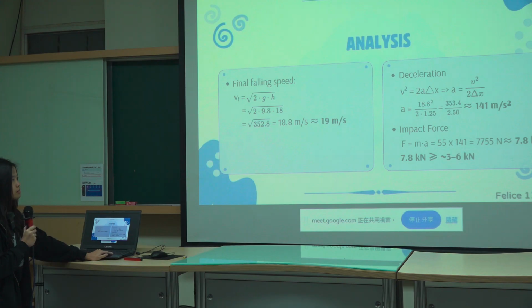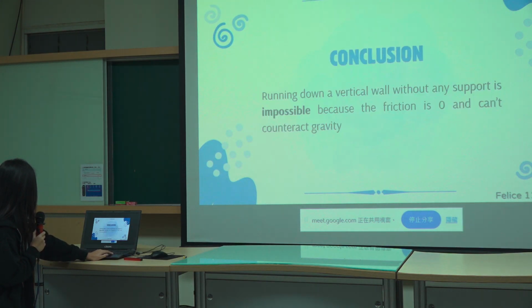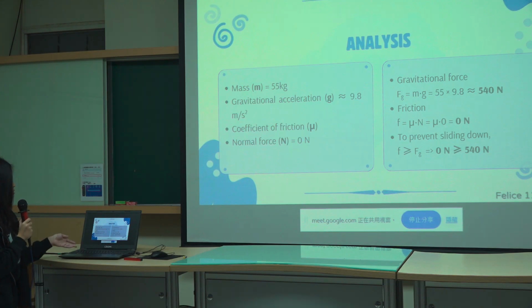Oh, yeah. Then the first part, why is friction zero? Because by using this formula, coefficient of friction times normal force, but the normal force is 0, so the friction is also 0. Why is normal force 0? Because he's just running down, he doesn't push into the wall, so there's no normal force into the wall.